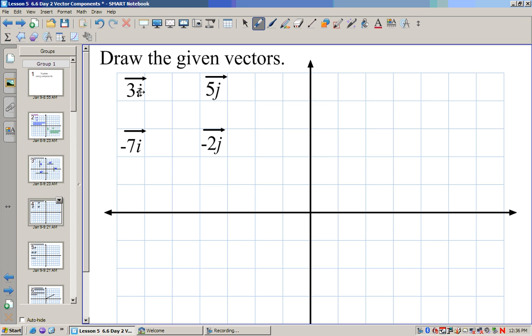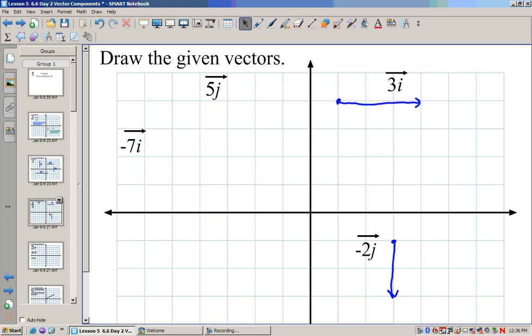Now if we want to draw them, 3I, I'll draw 3I here, going 3 to the right, and I'll drag that over to a good location. I'll bring negative 2J here, I'll start it there and then go down 2.